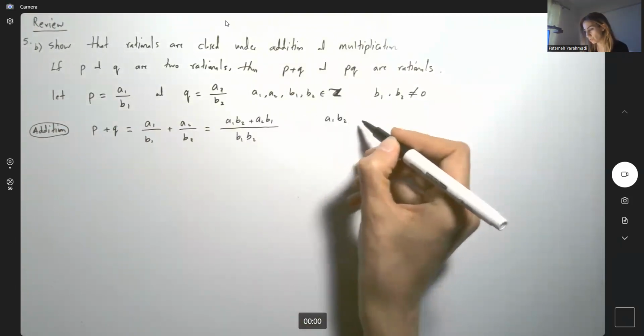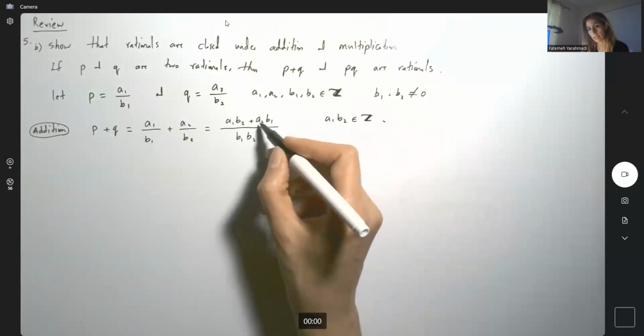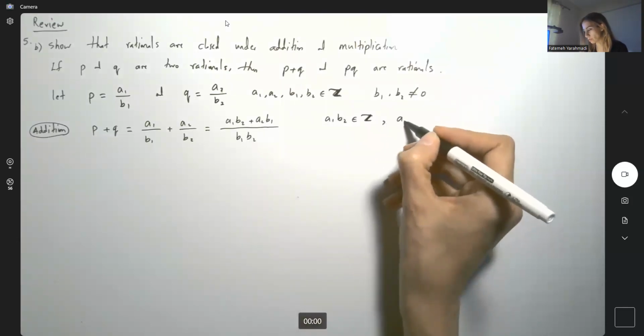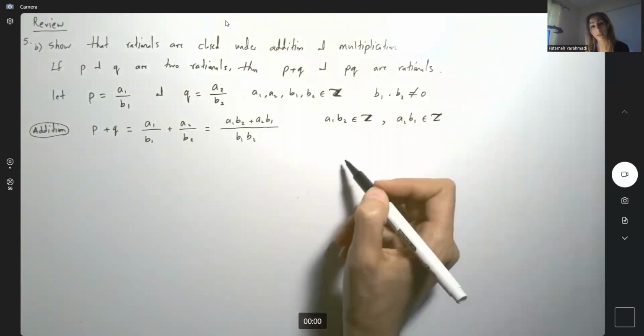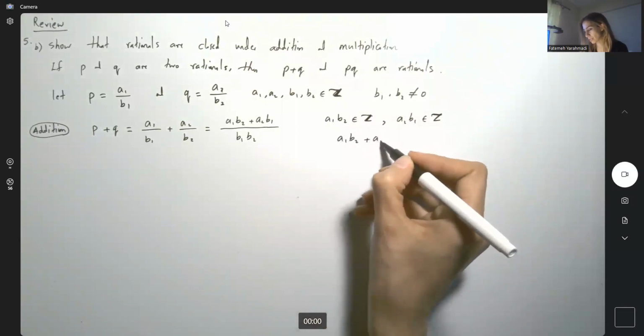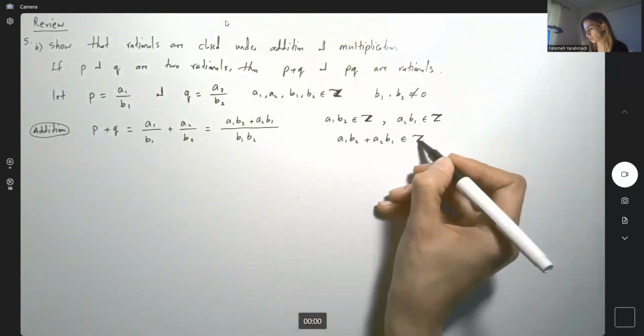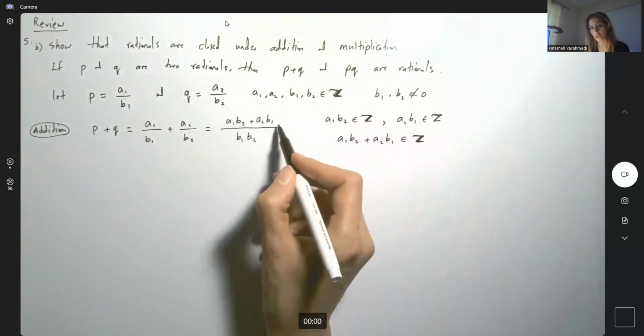A1 B2 is an integer. What else? A2 B1 is also an integer. The sum of two integers is also an integer. A1 B2 plus A2 B1 belongs to Z. So far, your numerator is an integer.